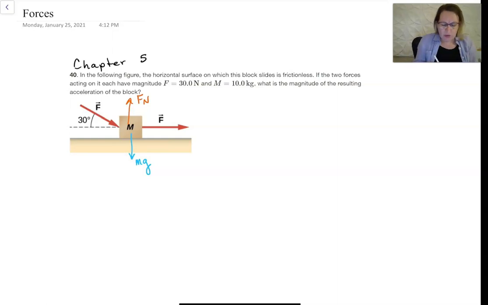It wants to know the acceleration of the block, and so immediately that says, let's add up all the forces to find the mass times the acceleration. What this really means is that we do this in both the x and the y direction, just like with projectile motion. So this is really two equations.